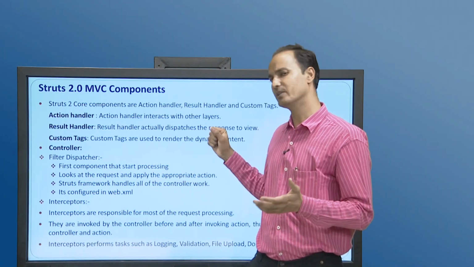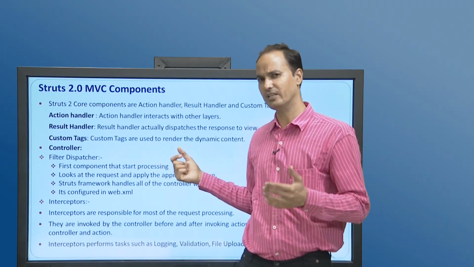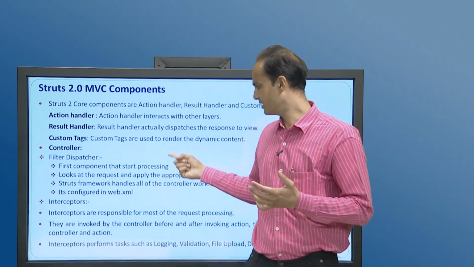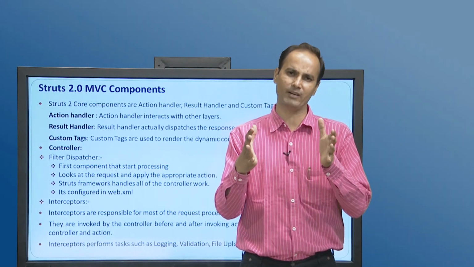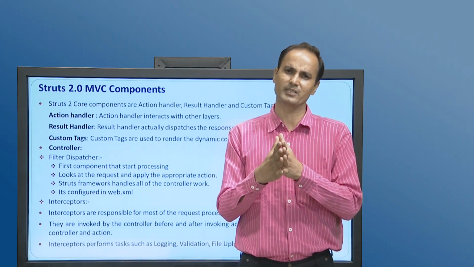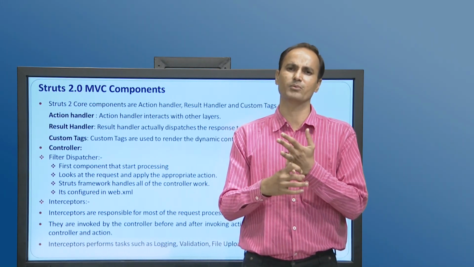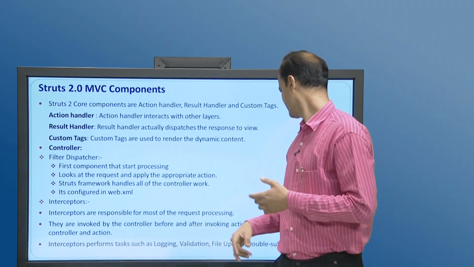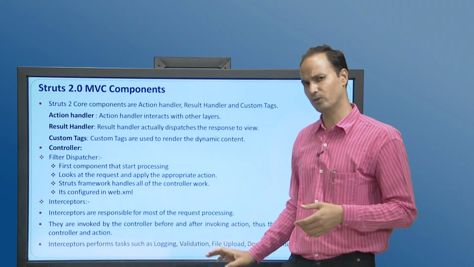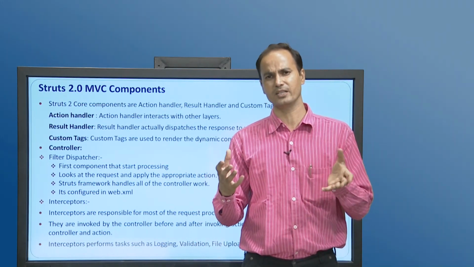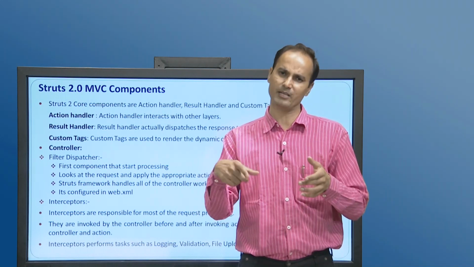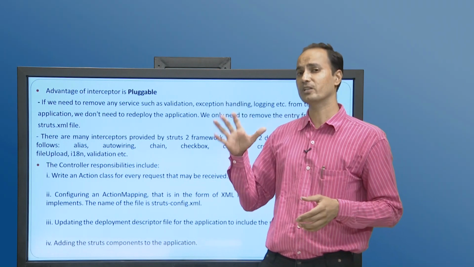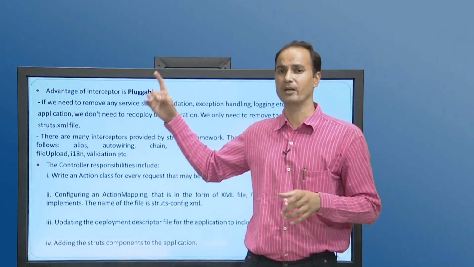The framework handles all of the controller work and configuration; the filter dispatcher looks at web.xml as well as at the interceptors. Interceptors play a vital role: they are responsible for work like logging, validations, double submit prevention, and file upload. They perform such functionality if the application requires it, and then the response is forwarded back to the client. The most important benefit of interceptors is that they are pluggable.